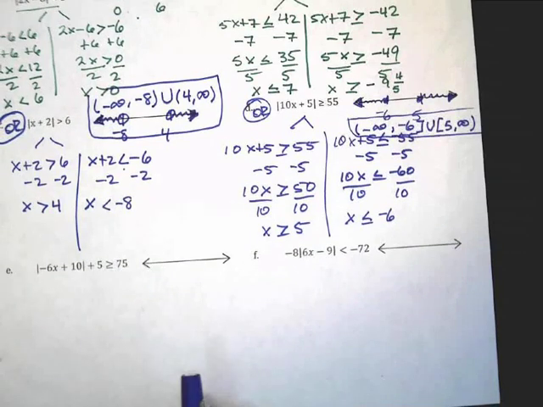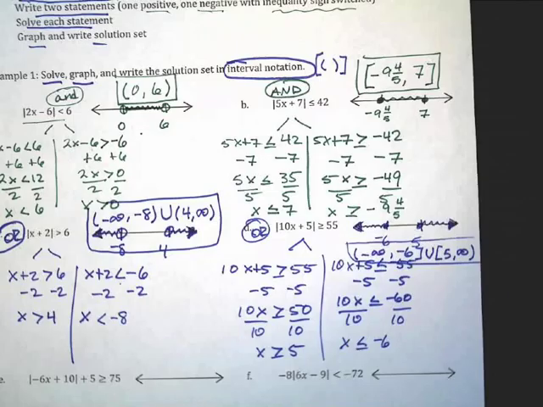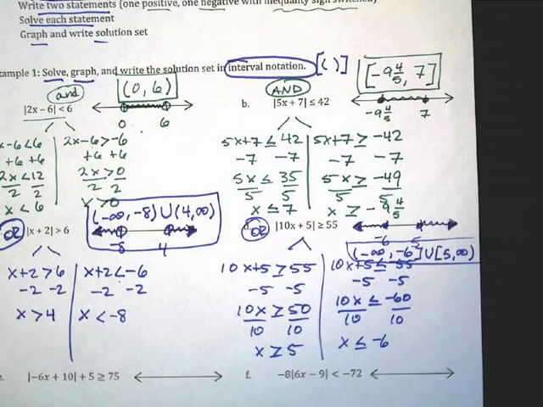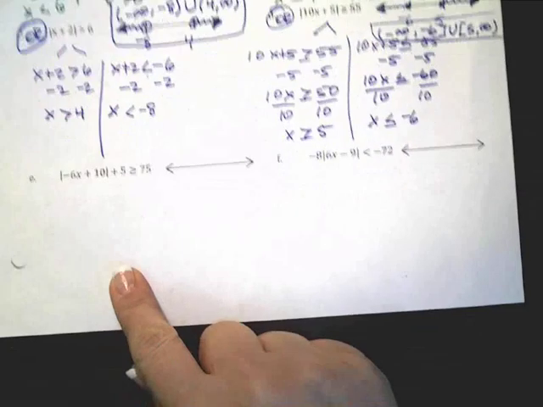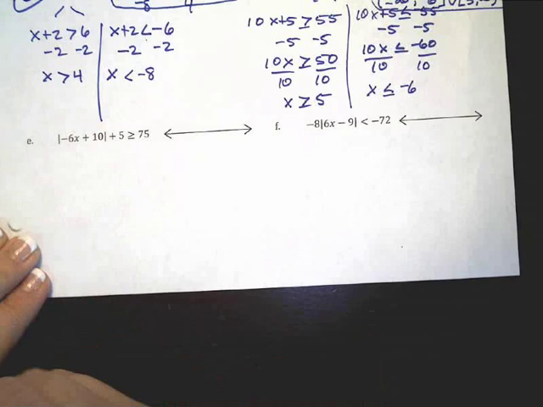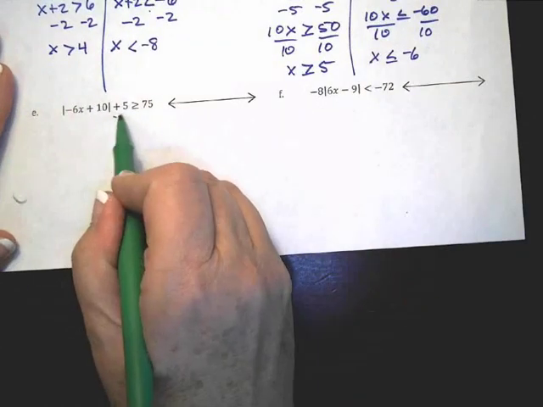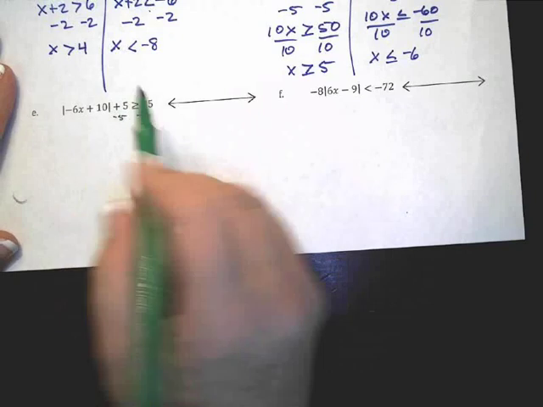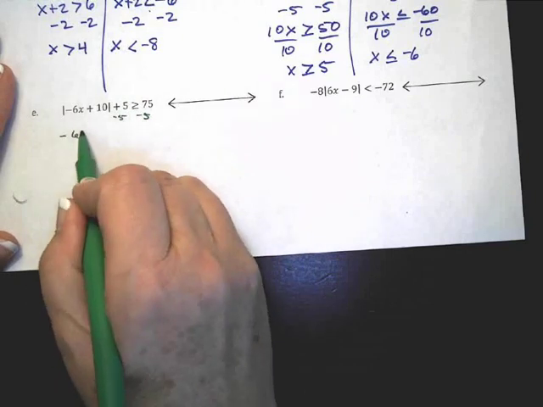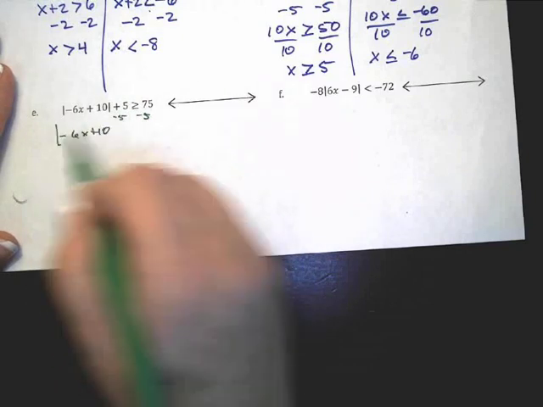All right, let's look at our last two examples. So on the first four examples, we already had the absolute value isolated. Looks like on these last two, we need to isolate first. So subtract 5 from both sides. Before we split into two inequalities, we need to make sure that this absolute value is by itself.